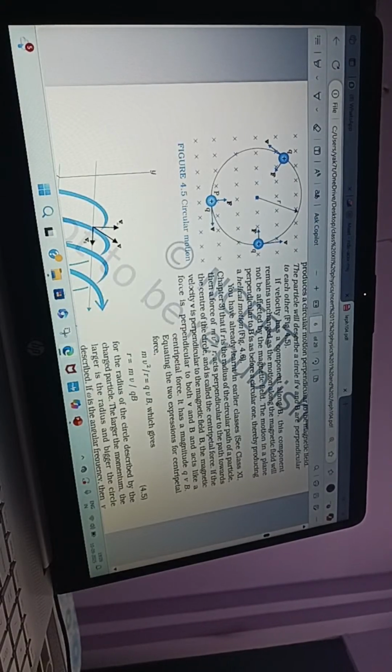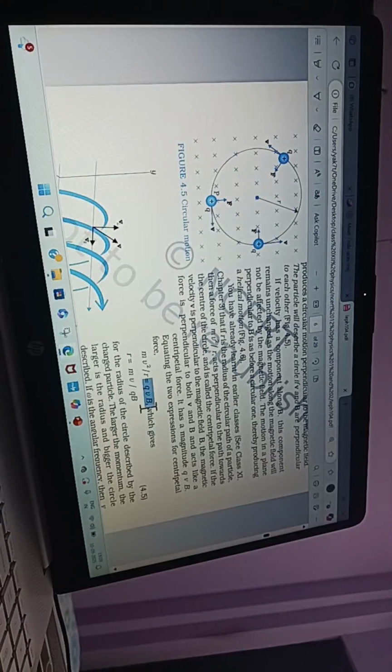So based on the figure, F is the magnetic Lorentz force, which is equal to QVB sine theta. Here theta is 90 degrees, so V and B are at 90 degrees. Sine 90 is 1. So you will get QVB.